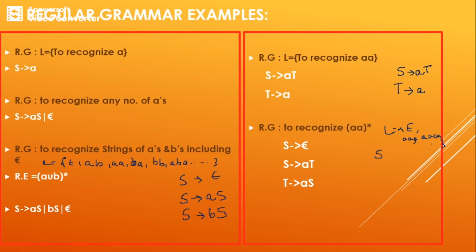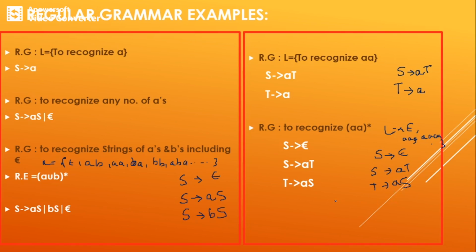First of all, S can give you epsilon. Then to get AA, S gives AT and T gives A. But multiples of AA need to be repeated. How? Again, I should call back S. So T can give you AS.